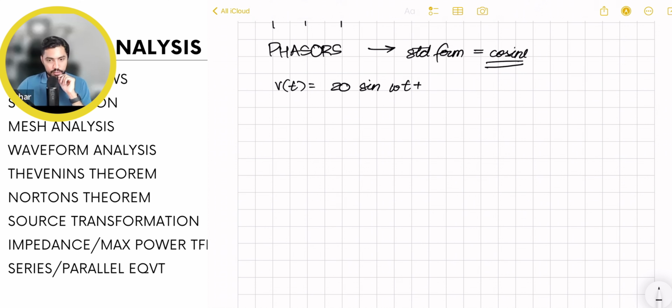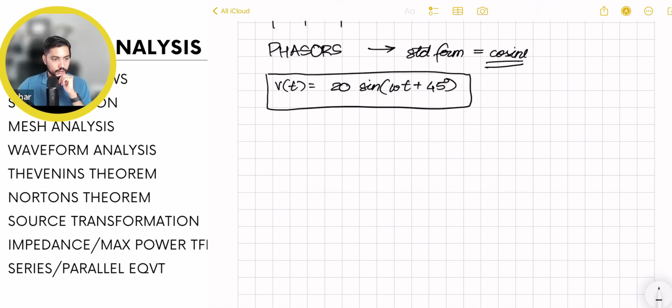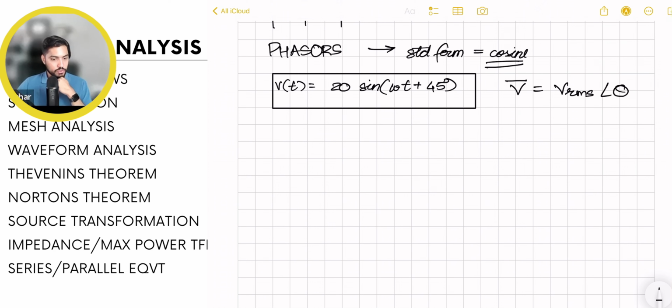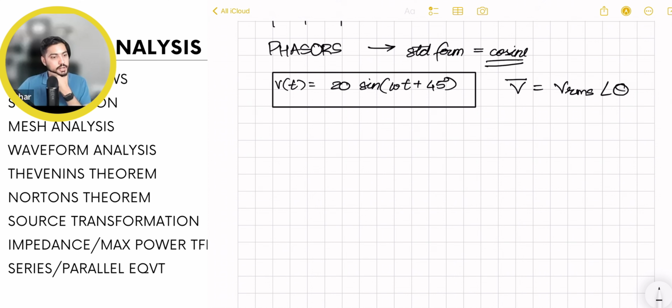If you are given a function, let's say v(t) equals 200 times sine(omega t plus 45 degrees), and I want to convert this into a phasor representation, I have to write the VRMS over here and angle theta.